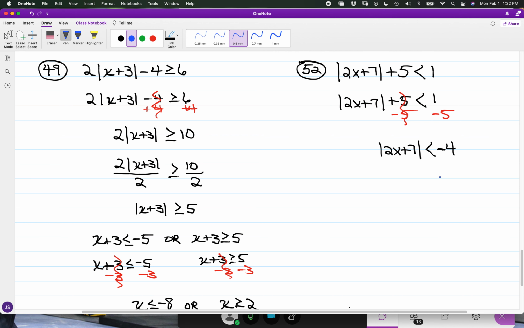If you notice, we have the negative in front of the 4, and k cannot be any negative value. So that means in this case there will be no solution for this absolute value inequality statement. Now, indicating no solution, this would be like an O with a diagonal slash going through.